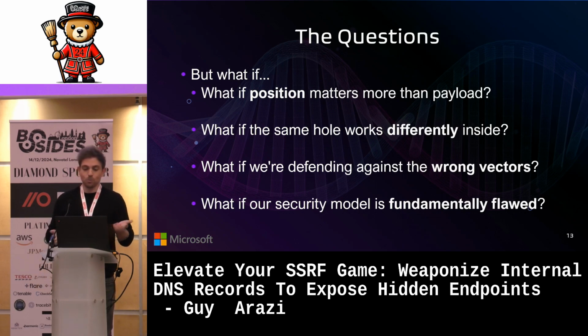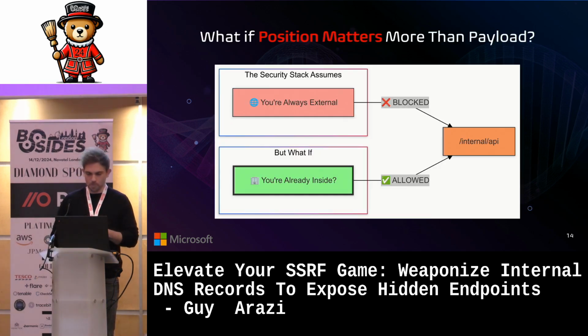Like, what about a vulnerability that works the same from the outside, but might work differently from the inside? And we're just defending from different aspects of the wrong vectors, and we're relying on things that are more signature-based and not behavioral, or at least fundamentally speaking about the application security stack, just about to defend against something that we already know.